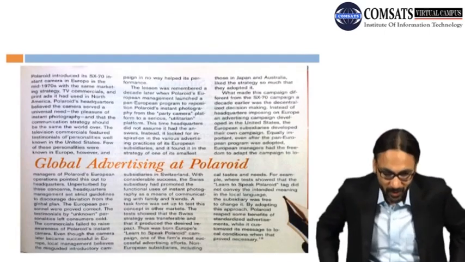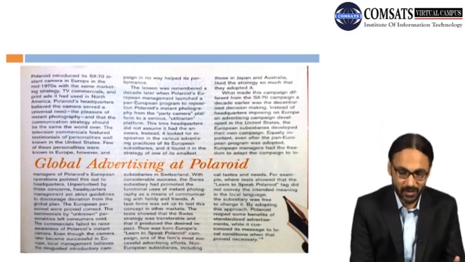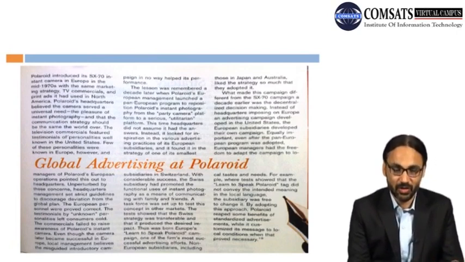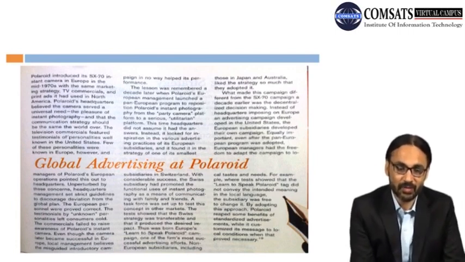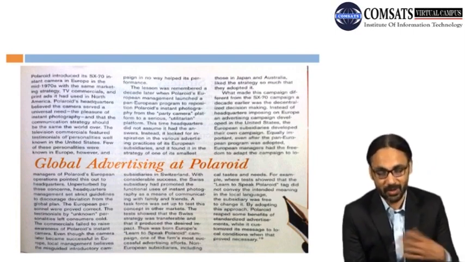Now there is another small description of a firm's marketing strategy, and we are going to talk about this. Polaroid introduced its SX70 instant camera in Europe. Polaroid is the name of the company.